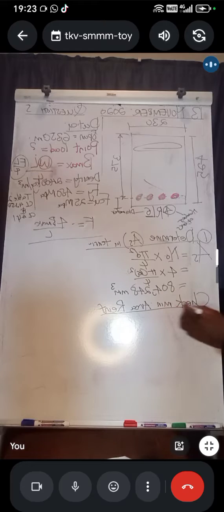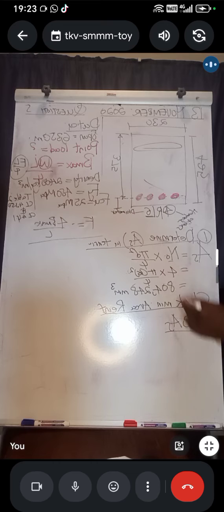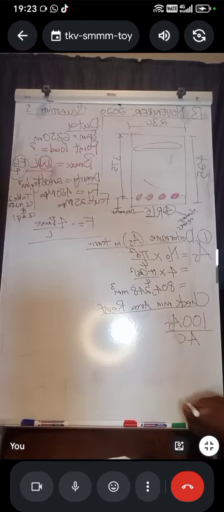And how do you calculate that? You know the formula, which is given in Table 23, whereby it's going to be 100 AS, the area of the steel that you got, divided by the area of the concrete, which is going to be that formula.